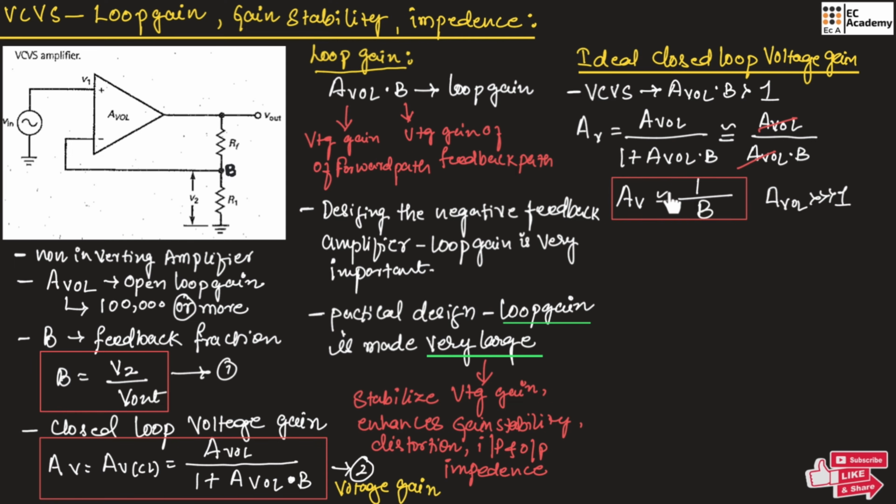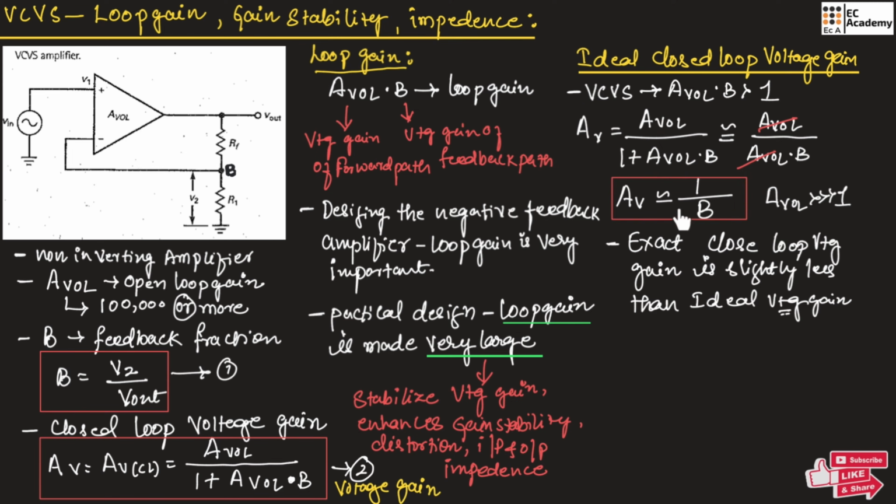Now we have the ideal voltage gain and the exact voltage gain. The exact closed loop voltage gain is slightly less than the ideal voltage gain. So we have a formula for the ideal closed loop voltage gain as well as the exact closed loop voltage gain. If we calculate these values, the exact voltage gain will be slightly less than the ideal closed loop voltage gain.